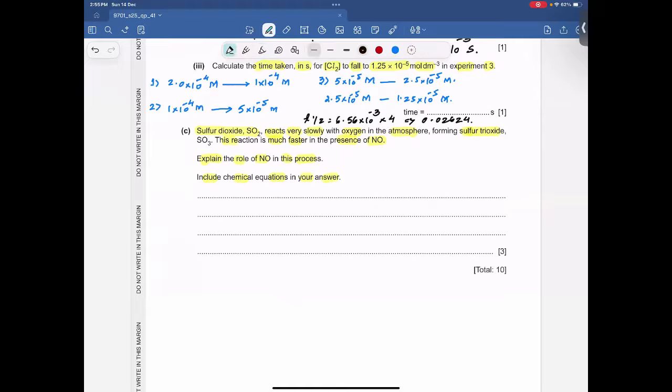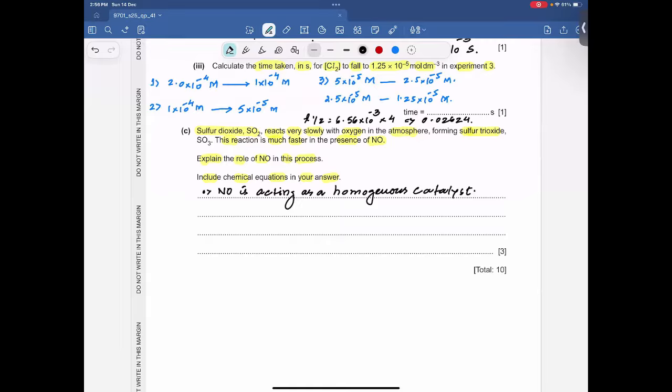By the way, NO is acting as a homogeneous catalyst. Homogeneous catalyst means reactants and catalysts exist in same physical state. Obviously, NO will recover at the end of the reaction because that's the characteristic feature of all the catalysts, okay?